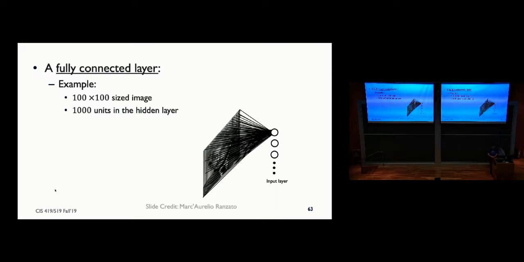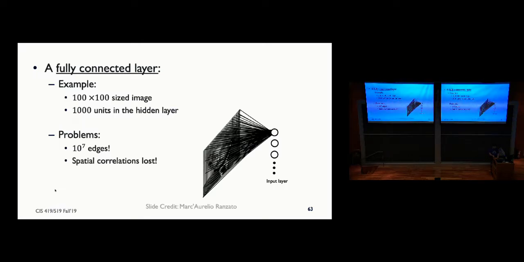So our friend tells us the input image is first vectorized into a vector of size 100 cross 100, which is 10 to the 4, and then you're going into a hidden layer of 1,000 dimensions. So the parameters for this hidden layer would be 10 to the 3 times 10 to the 4, which is 10 to the 7, a lot, right? This is 10 million parameters only in one hidden layer.